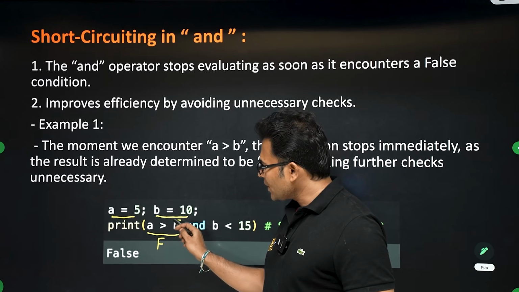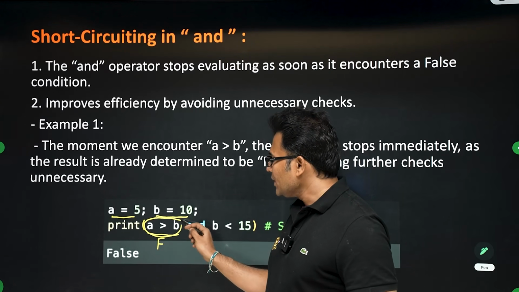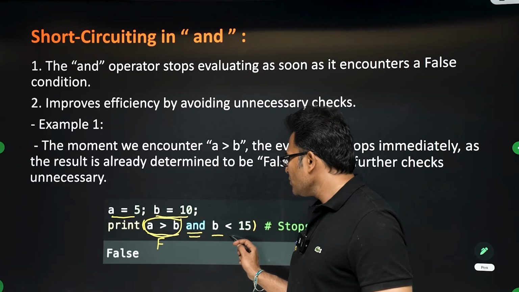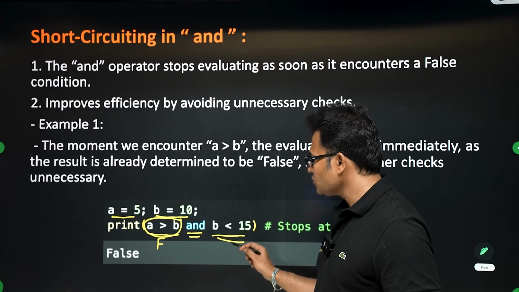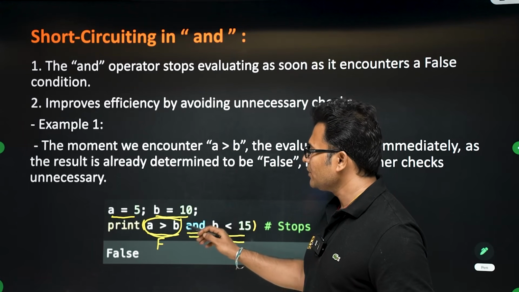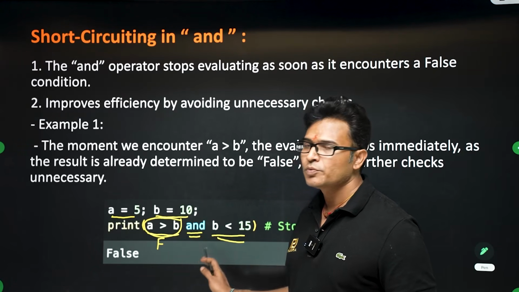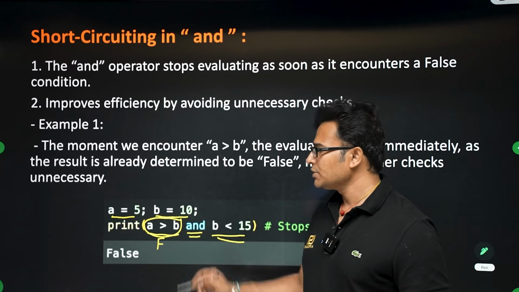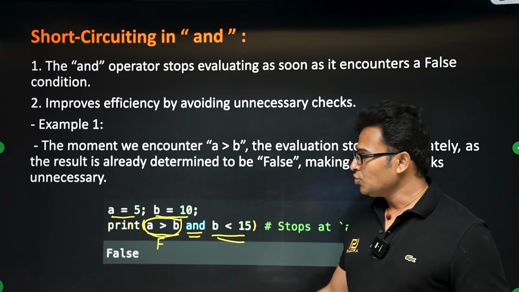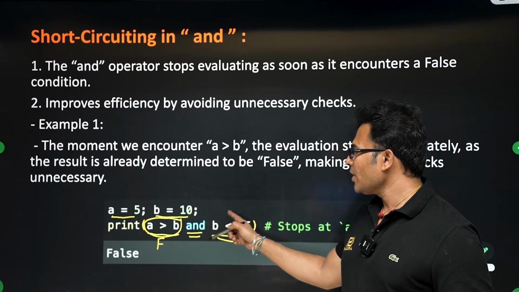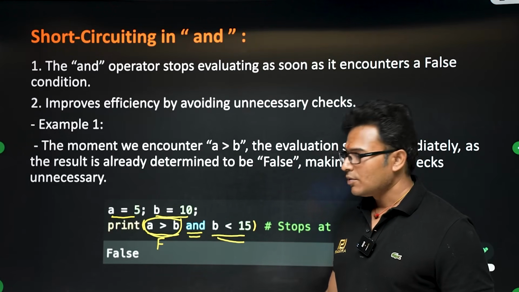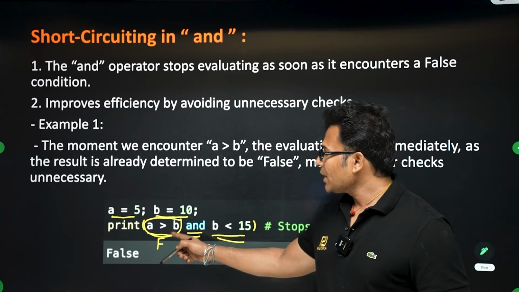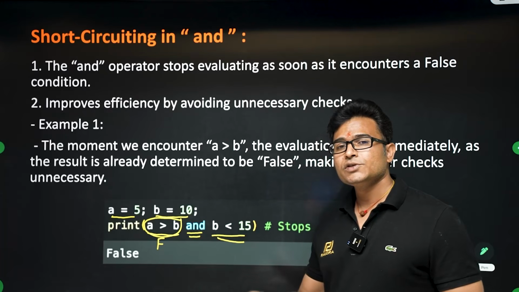So whenever one condition is false in the AND operator, you don't have to evaluate the other condition, because whatever the other condition is, the entire expression will turn out to be false. Are you understanding it? Because one condition is already false, the output is going to be false.